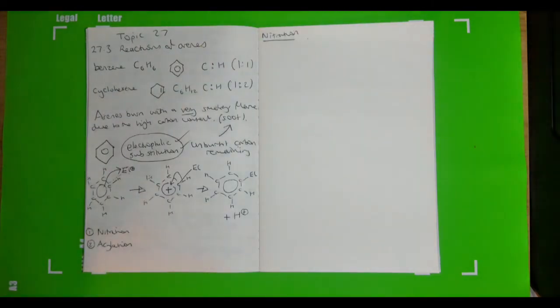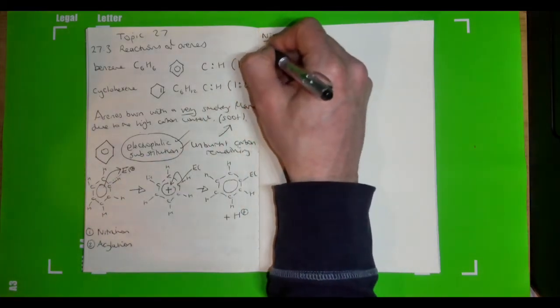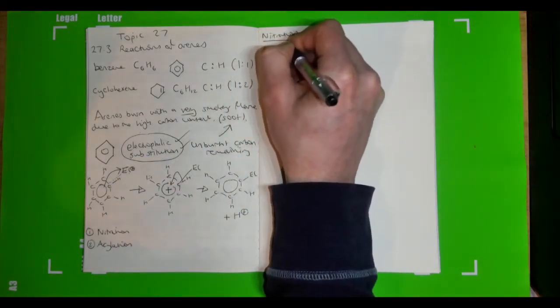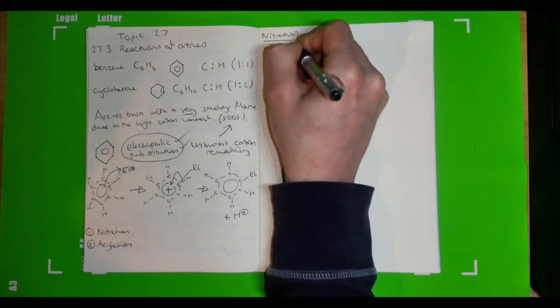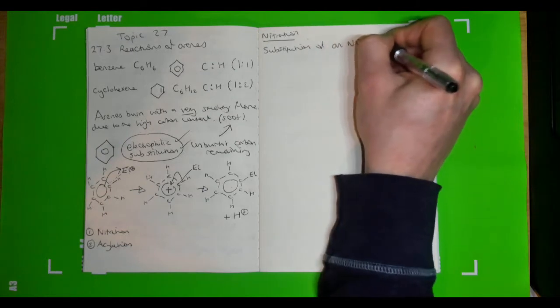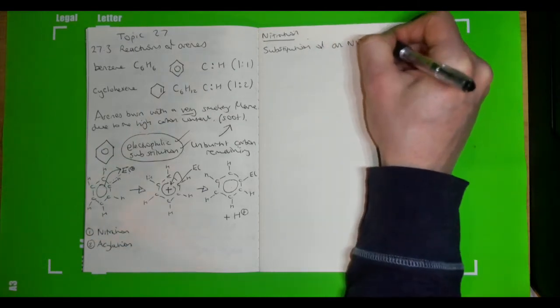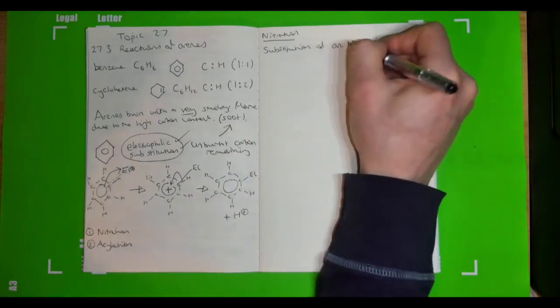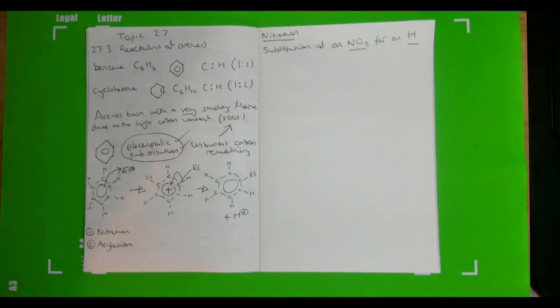Nitration is the substitution of an NO2 group for one of the hydrogen atoms. So it's a substitution of an NO2 for an H. That's what we're going to do.